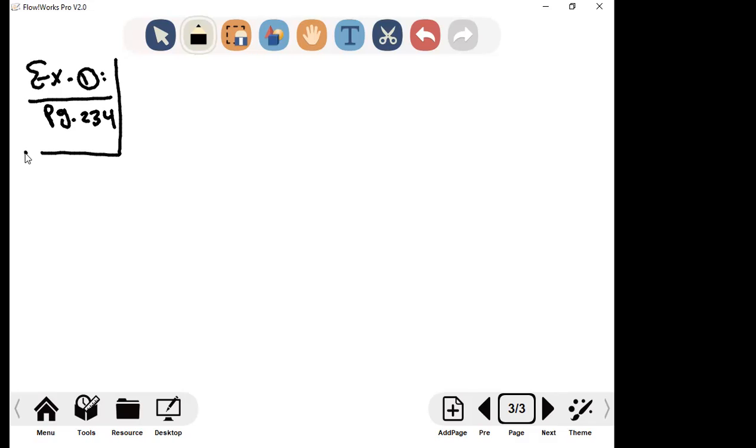The cost of a jacket J after a 5% markup can be represented by the expression J plus 0.05J. What does 5% markup mean? So this is the expression J plus 0.05J. The question says simplify this expression.